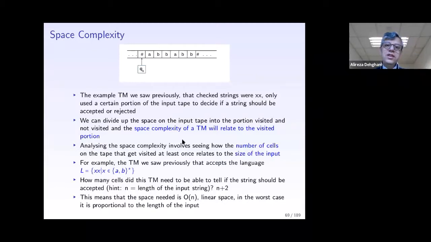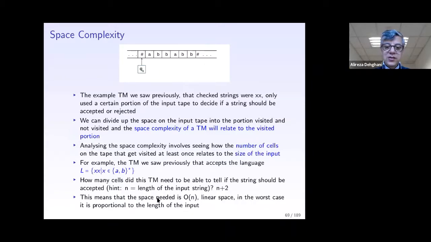Why? Because we needed to start from a blank in the beginning and then move to the string. Then we needed to get to the point where we see all the symbols of the input string and get to a blank and then reverse back. You remember a lot of forward, backward movement we did to accept this specific string. So the number of cells we need to visit at least once on the tape is n plus 2.